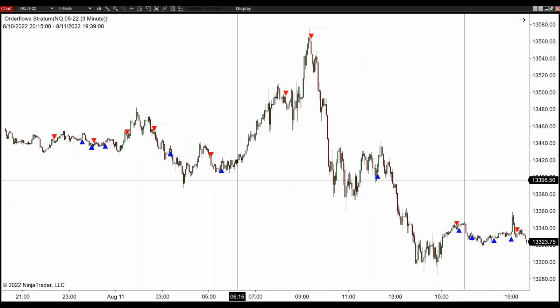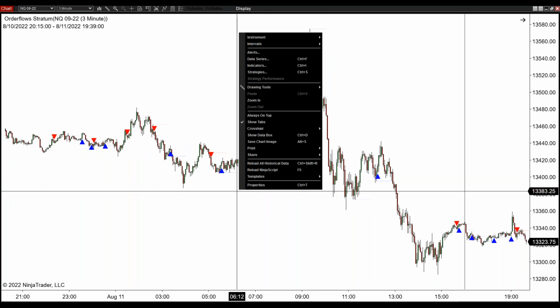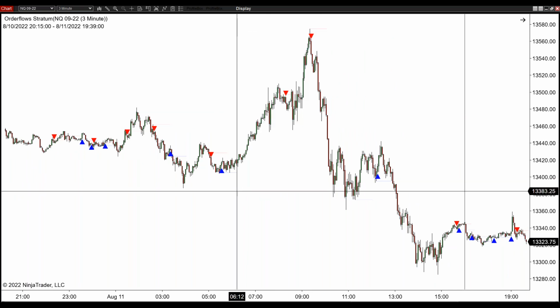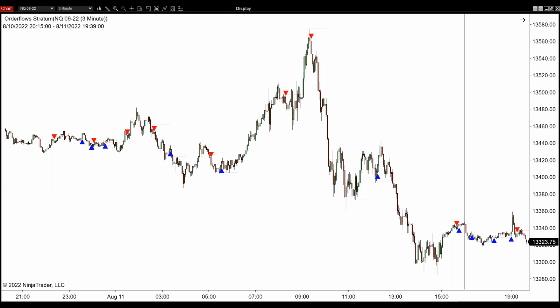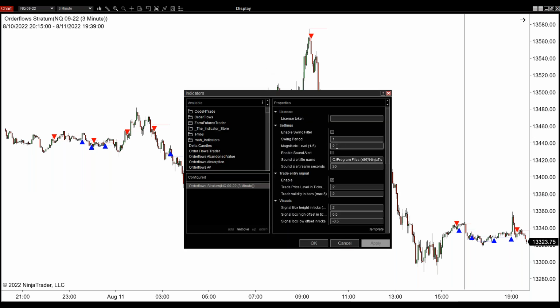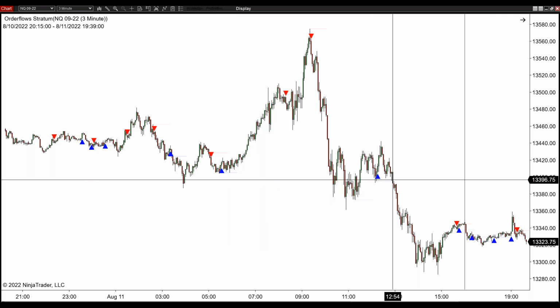This was the day before. What was the setting on this one? Set to 2. If I were to bump it up to a higher level, 4 or 5, there'd be fewer signals. But this is a setting of 2 on a 3-minute chart.